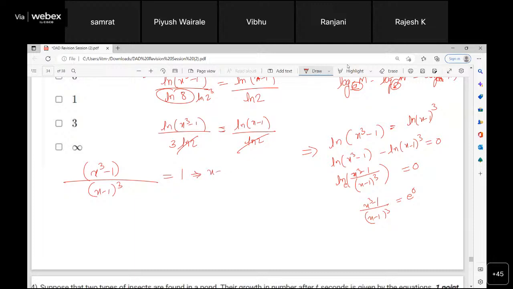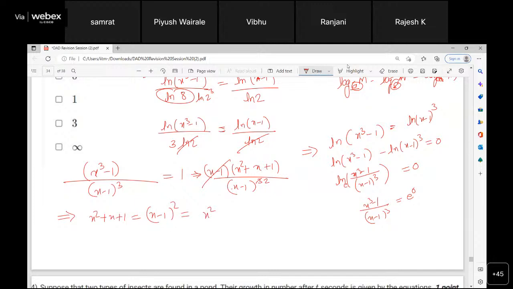So it will give me x minus 1 times x square plus x plus 1, over x minus 1 whole cube. So one x minus 1 will get cancelled, right? So what I am getting is x square plus x plus 1 over x minus 1 square, equal to 1.